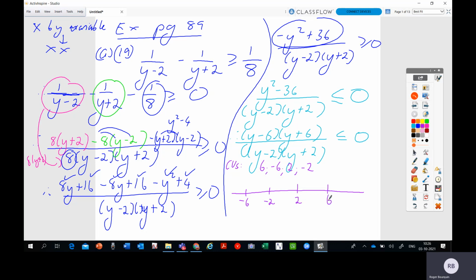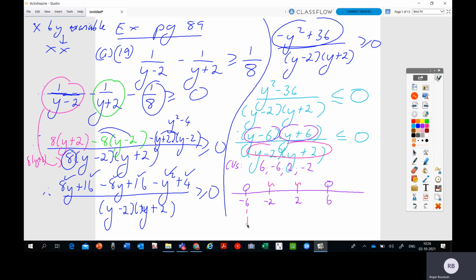When y is equal to 6 and minus 6, it's in the numerator, so overall it's going to be 0. But when y is equal to 2 and minus 2, those are in the denominator, so the whole thing is going to be undefined. So I always put those up there.